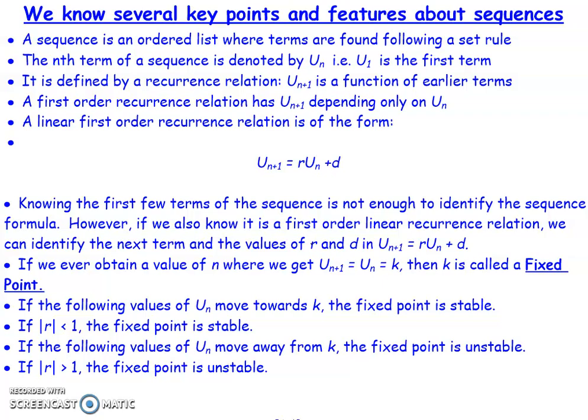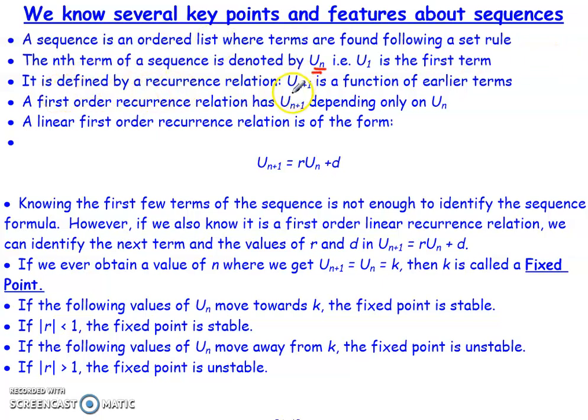What we also know is that the nth term of a sequence is denoted by un, written like this. So for example, u1 represents the first term of the sequence, u2 the second term, u100 the 100th term of the sequence. And it's defined by a recurrence relation.